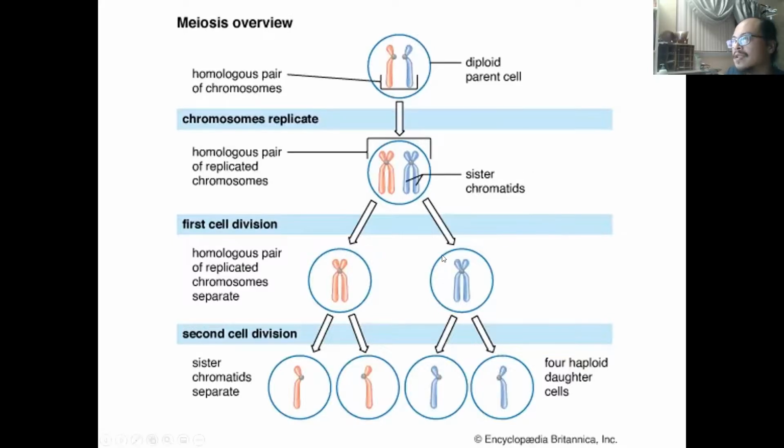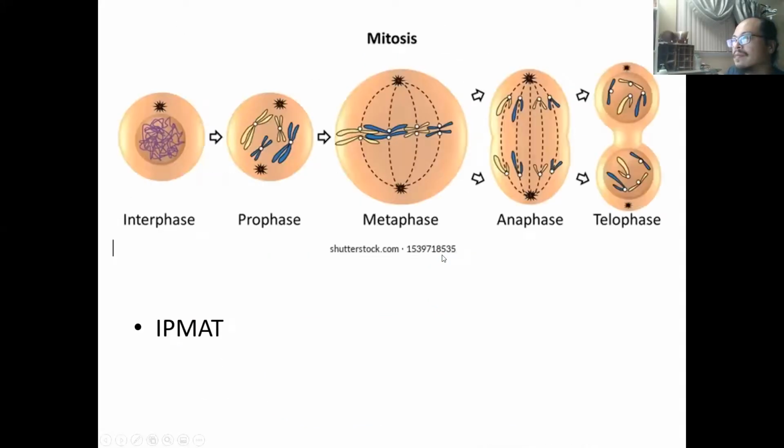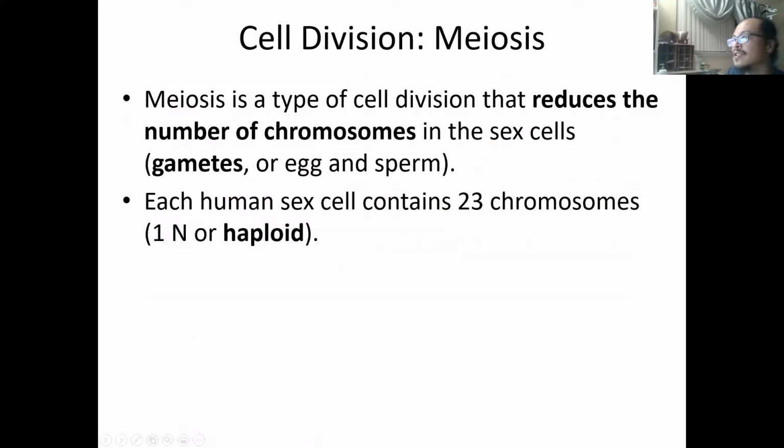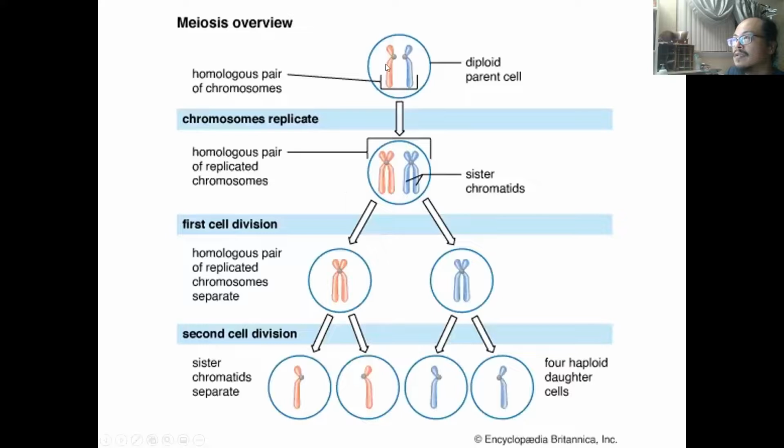Why is that? For example, in mitosis, you have one cell, and you divide it only one time. But for meiosis, you have one cell divided, and it's not stopping there.